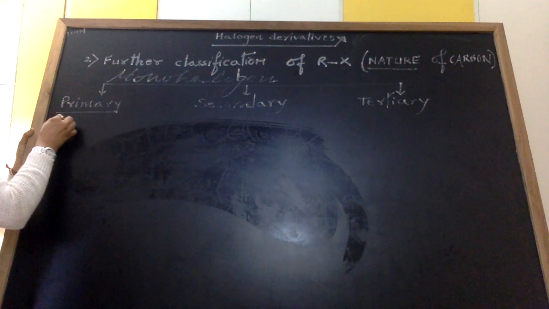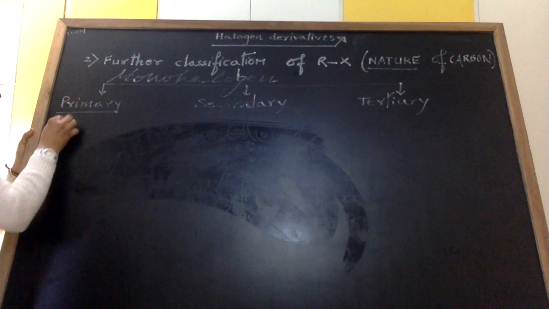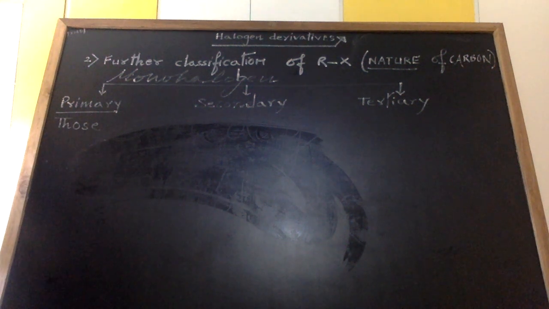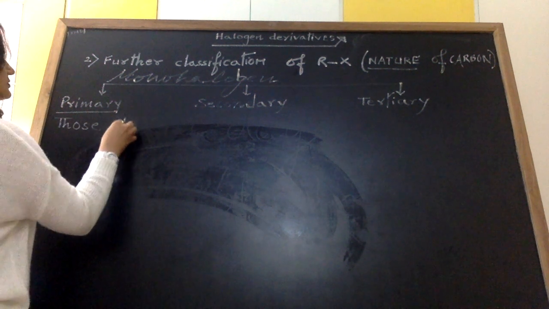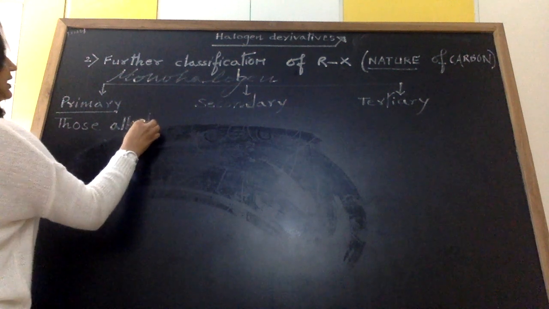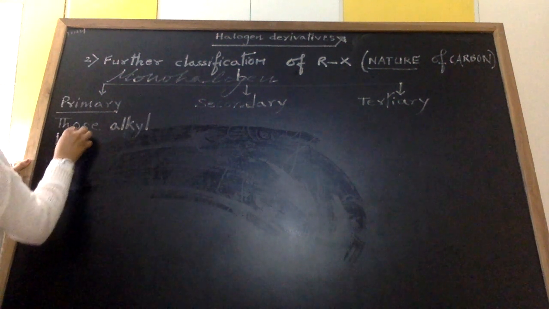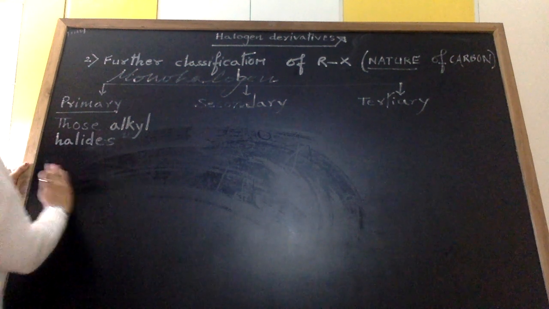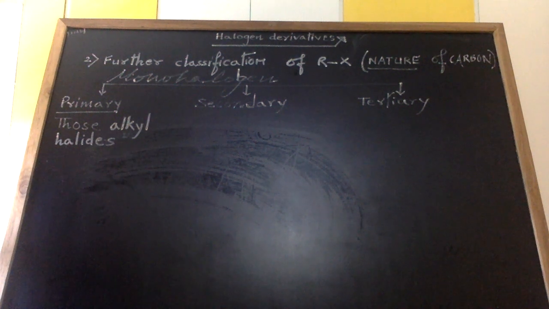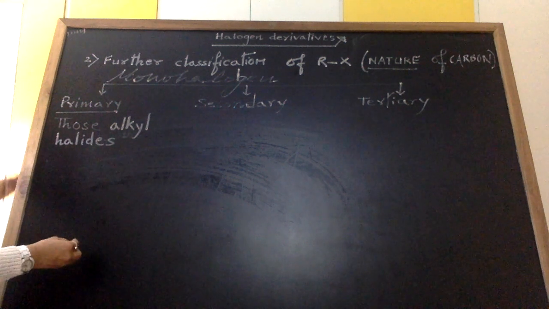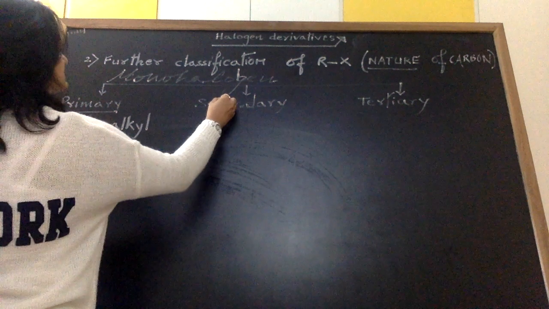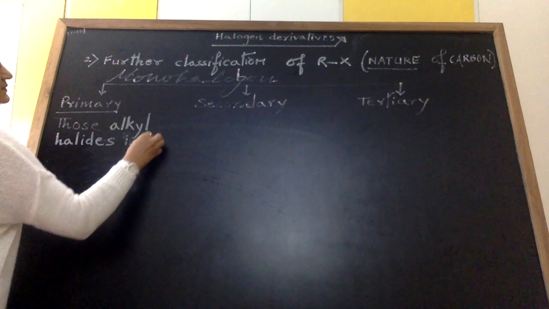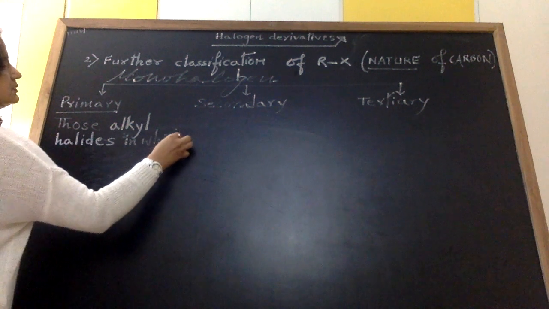Primary alkyl halides are those alkyl halides in which halogen atom is attached to primary carbon atom.